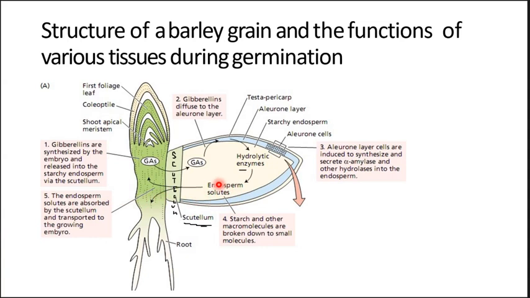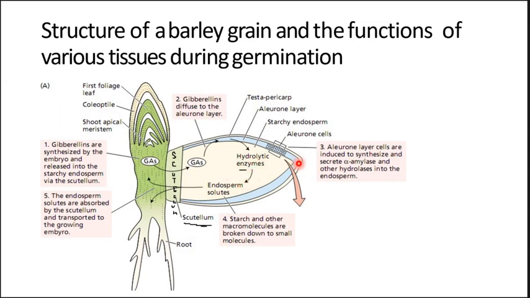Now the endosperm is composed of two tissues: the centrally located starchy tissue, which is the light colored one, and the aleurone layer. So this whole part after the scutellum is endosperm. The first is the starchy endosperm and second is the aleurone layer. The endosperm, we all know, is the storage tissue which stores the nutrient, and it is typically non-living at maturity and filled with starch grains.